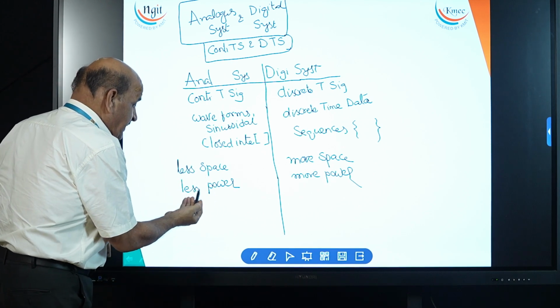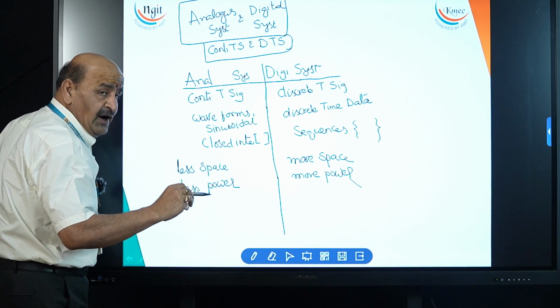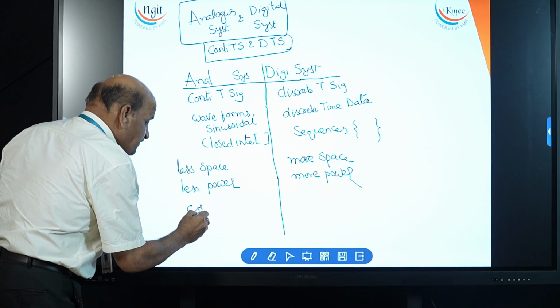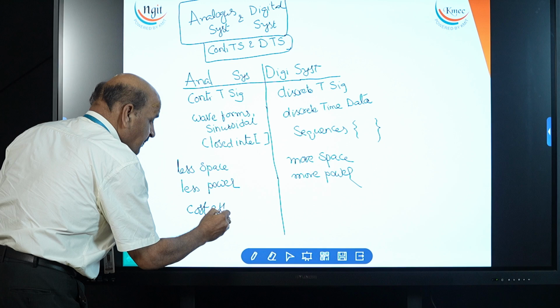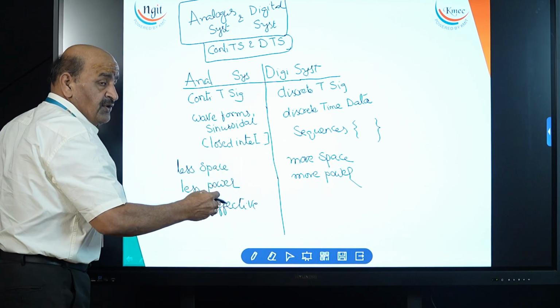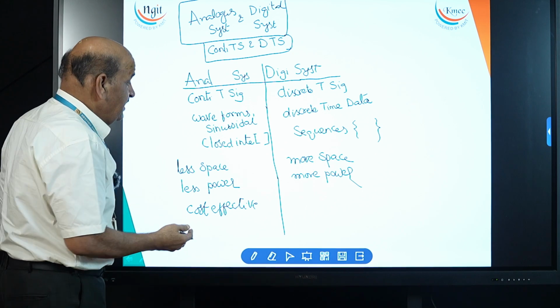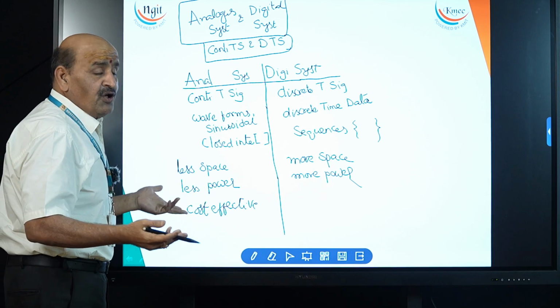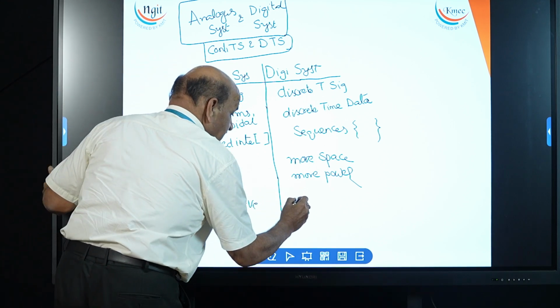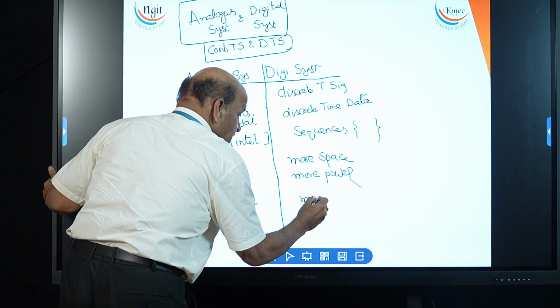So less space, less power means what? Automatically cost is less. That means it is cost effective. But here, it requires more space and more power than analogous, so automatically cost will increase.